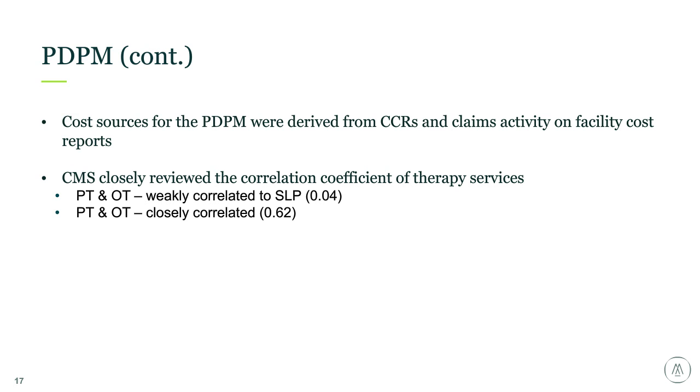But when it was just PT and OT together, there was a close correlation between those two services needed in conjunction for resident care. So a fairly high correlation of 0.62.